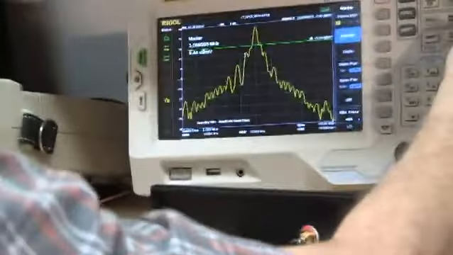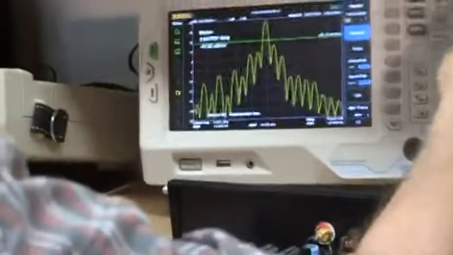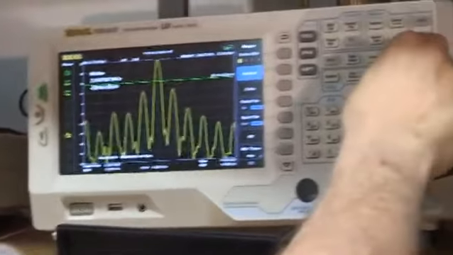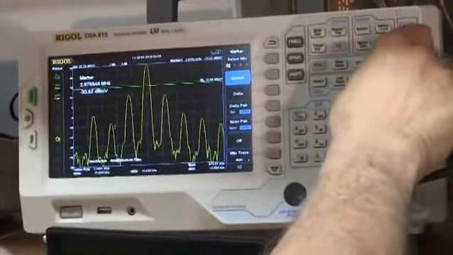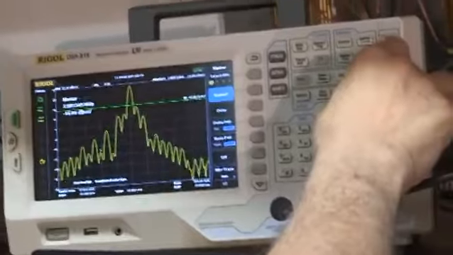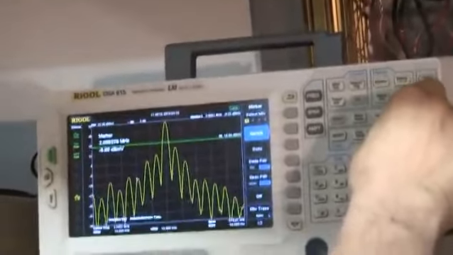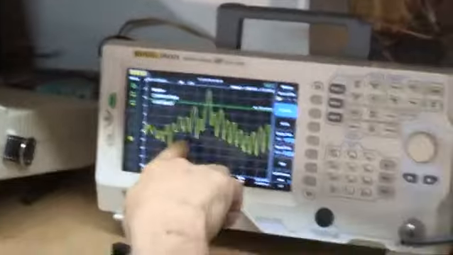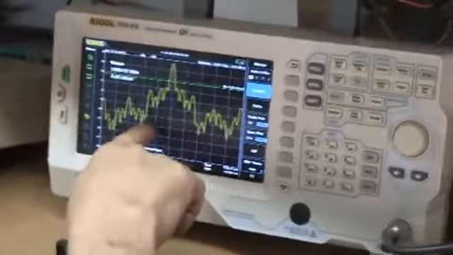So I'll hit the marker. 298. Eight .107, but see, since I'm sweeping, I'm hitting it all the time there.